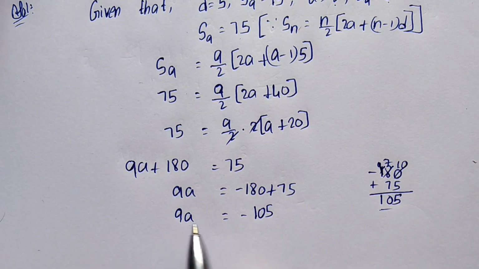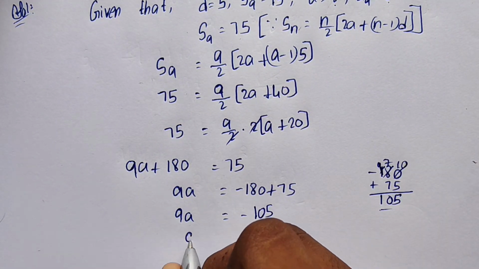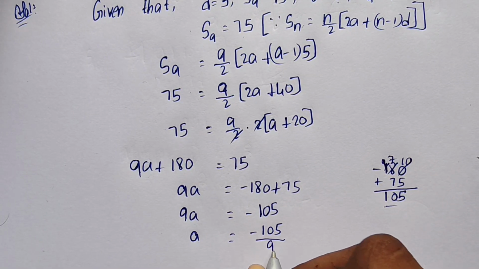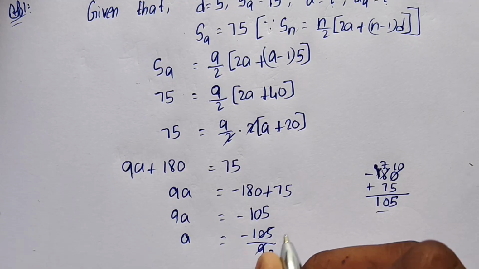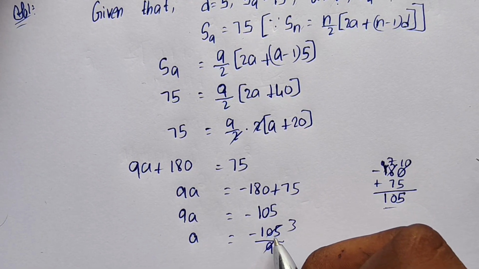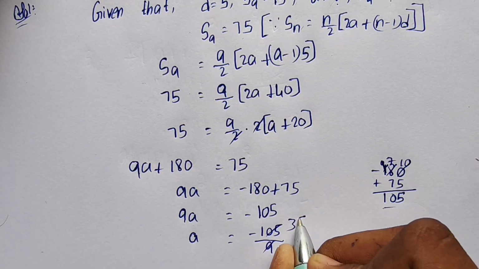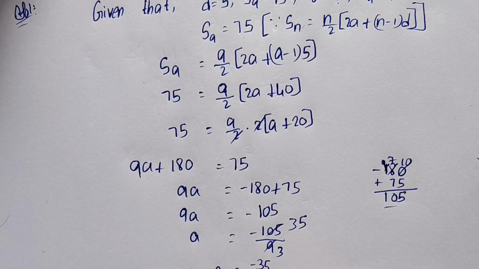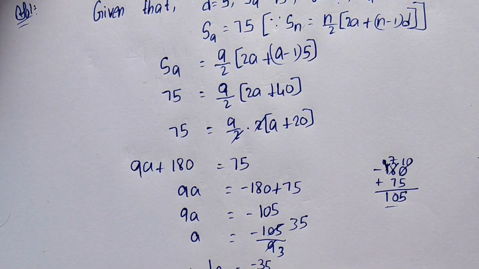If we transpose 9 to the right side, it divides minus 105. So a equals minus 105 by 9. 3 threes are 9, it remains 1, and 1 before 5 means 15. 3 fives are 15. Therefore the value of a is minus 35 by 3.